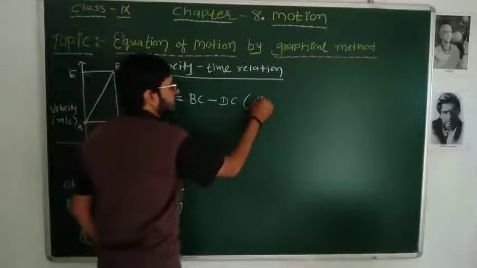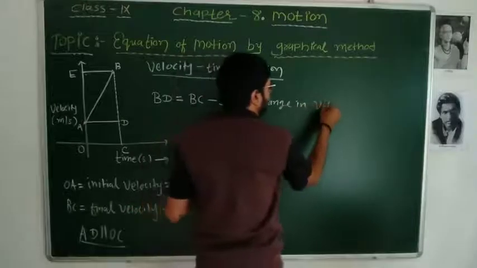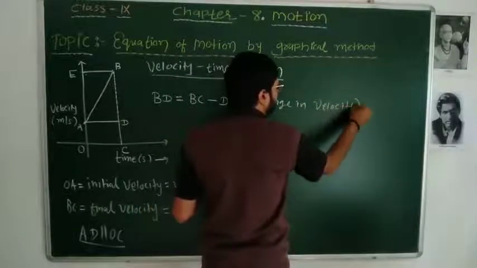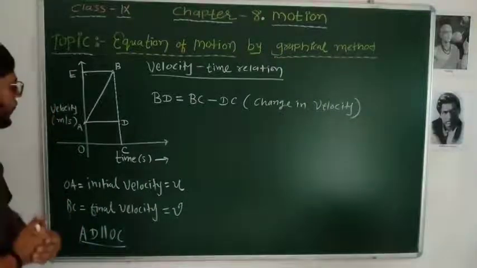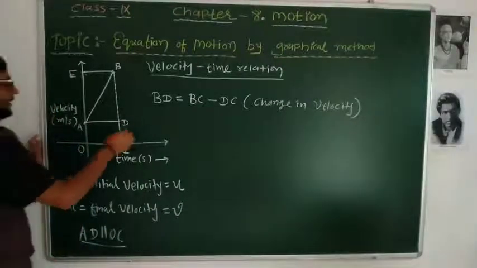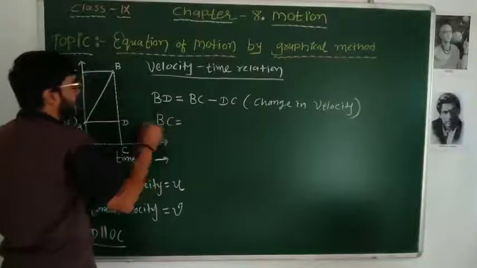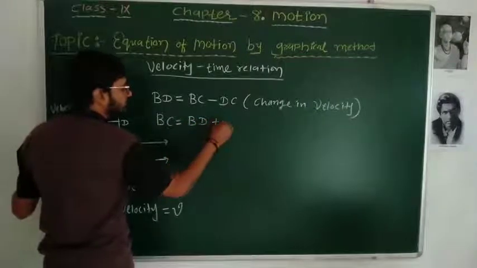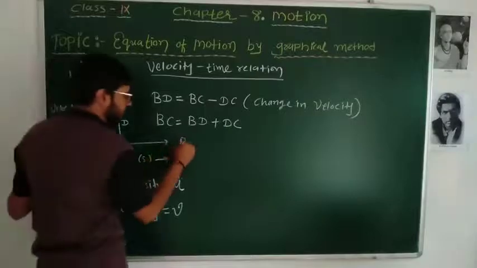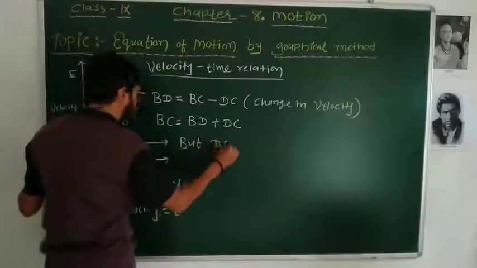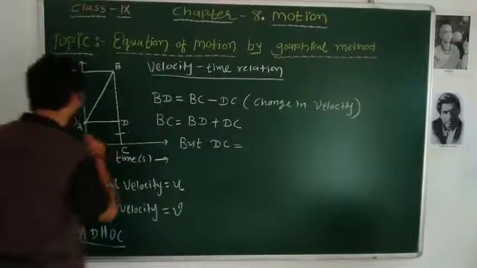Also, we can write BC is equal to BD plus DC. DC is nothing but OA, so DC is equal to OA.